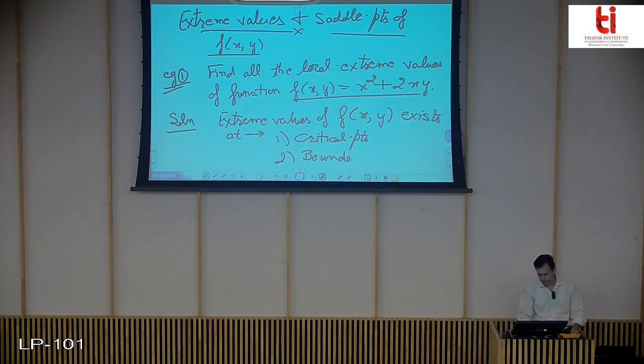If any boundary is given for the function, then it may be possible that the extreme values of the function exist at the boundary points. So let us start one by one.